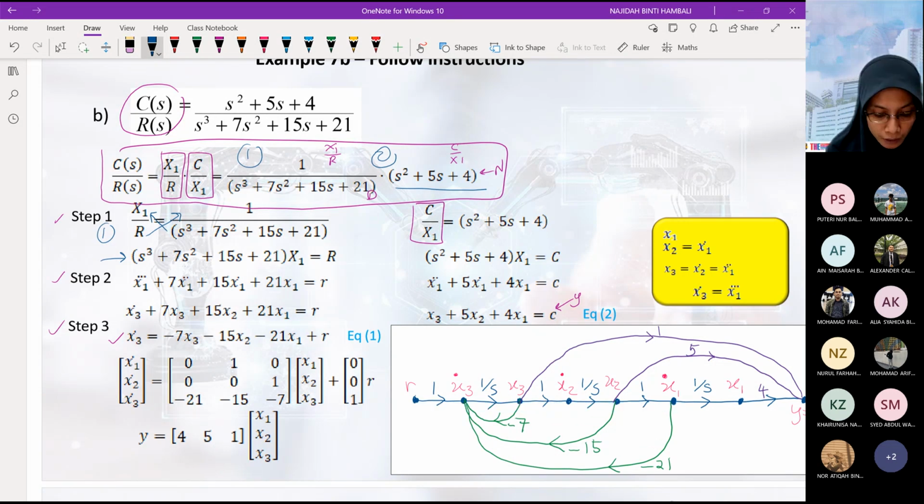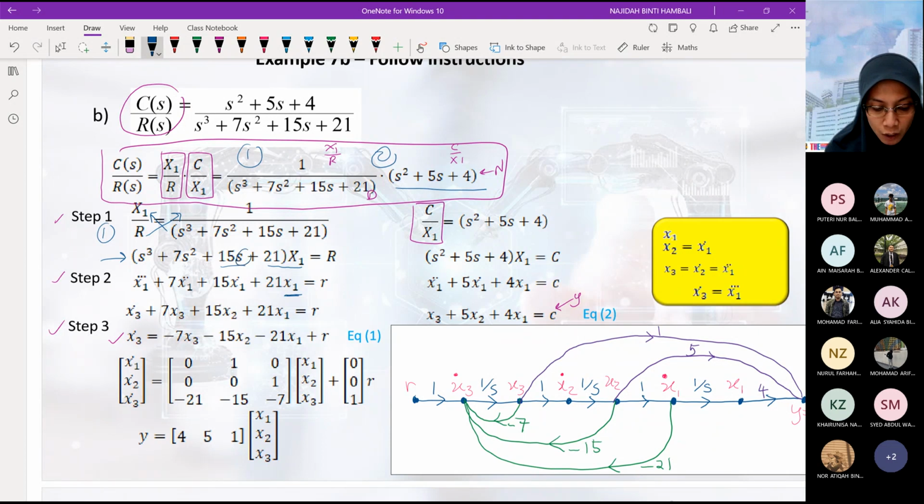Now, second step, take the inverse Laplace transform. Again, check. For 21 x1 without s, the variable x1 will maintain as x1. On the left side, 15s x1.